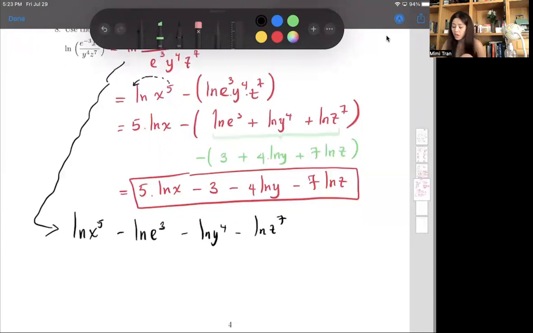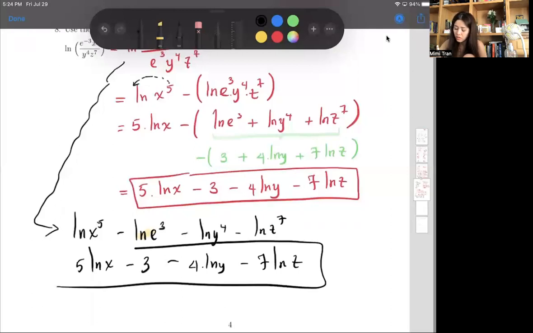And all you have to do now is bring the 5 to the front, so 5 times ln of x minus, well, ln e still cancels, no worries, so it's going to be 3, minus, bring the 4 to the front, 4 times ln of y minus 7 times ln of z. And then you're done. The same answer.